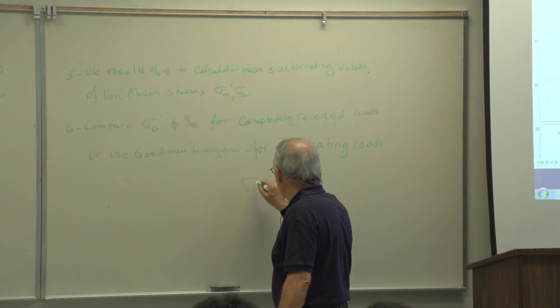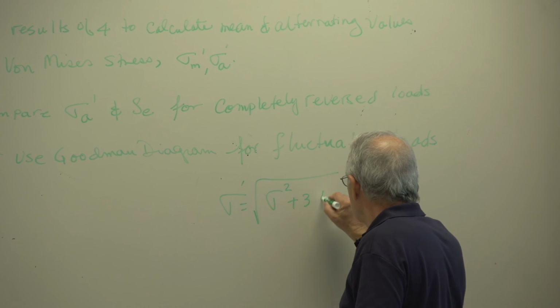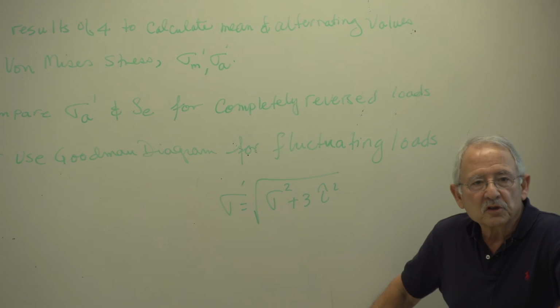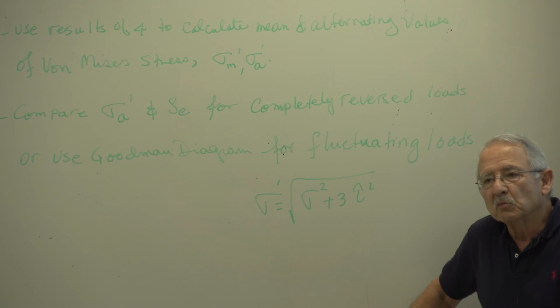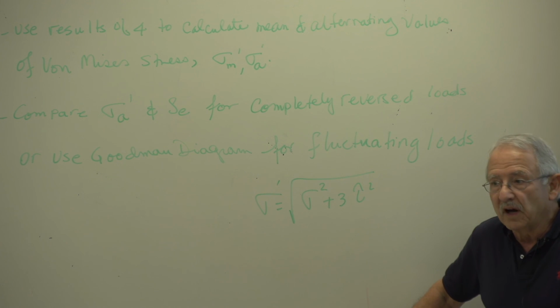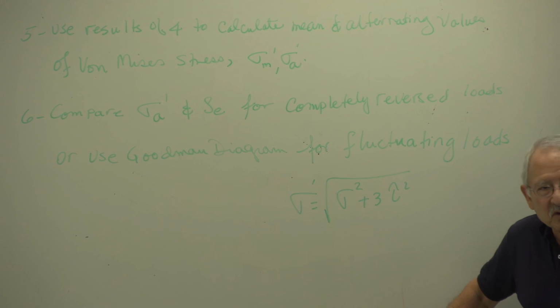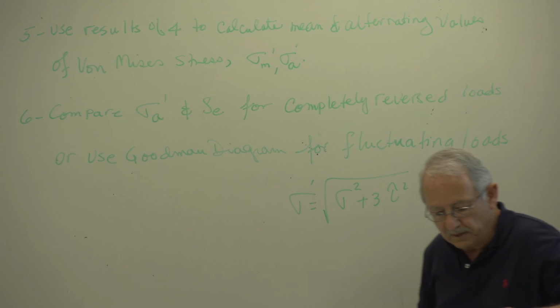Sigma prime equals the square root of sigma squared plus 3 tau squared. You don't find principal stresses. You just find von Mises. So you can combine steps 4 and 5. If it is complicated, it's best to find the principal stresses. If not, you can use it that way.